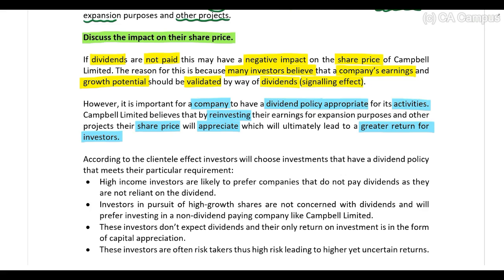They've decided that they can't pay dividends, all of the money must be kept in the company for investment purposes. And their view is they will then use that money in order to invest in profitable investments, which will increase the value of the company. And if the value of the company increases, the share price will go up. So eventually when these shareholders sell their shares, they will then benefit from the capital gain on the sale of their shares.